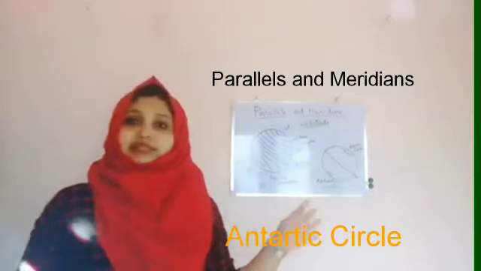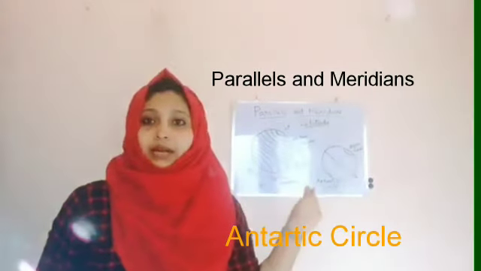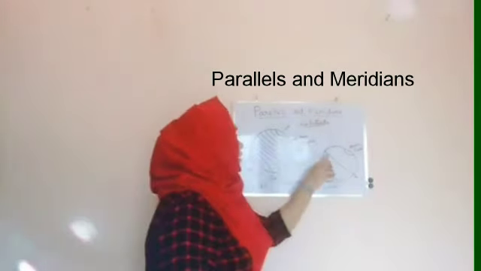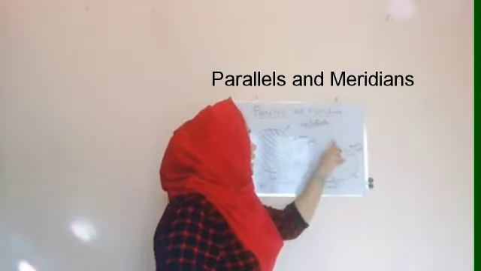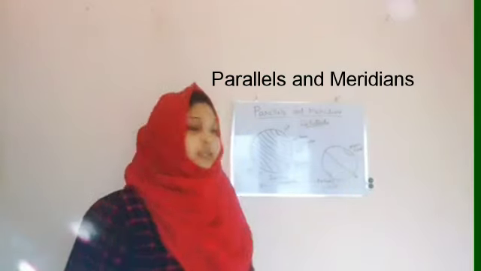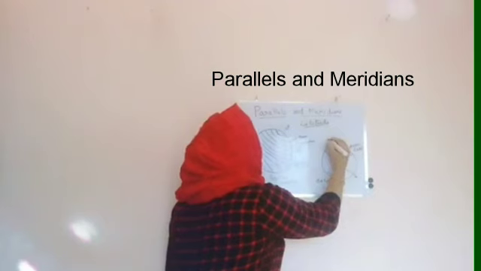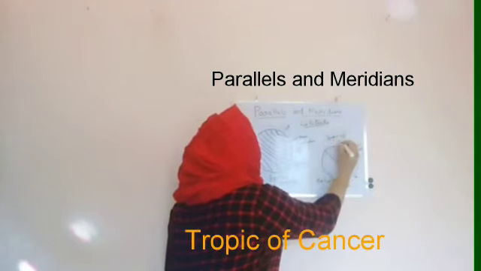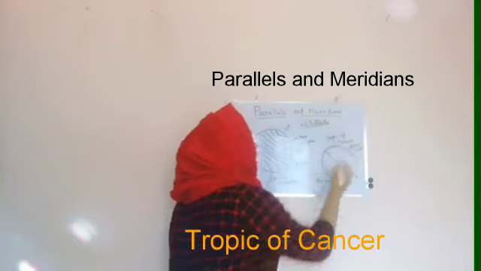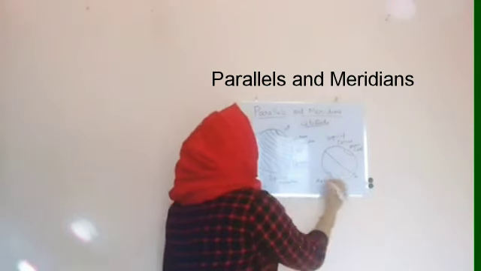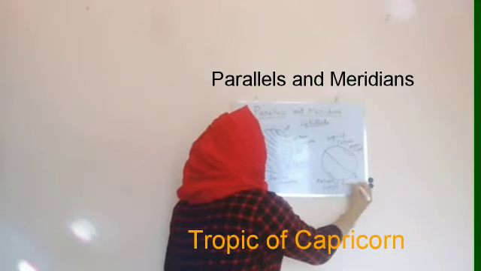Besides these three important parallels, we have two more parallels. The parallel between the equator and the Arctic Circle is the Tropic of Cancer. And in between the equator and the Antarctic Circle, we have the Tropic of Capricorn.